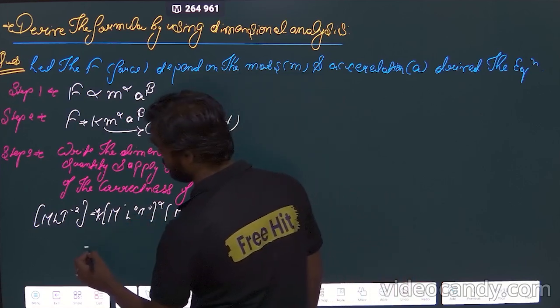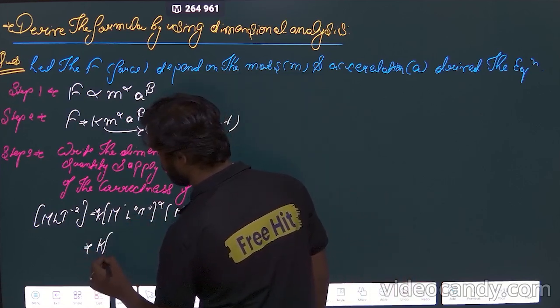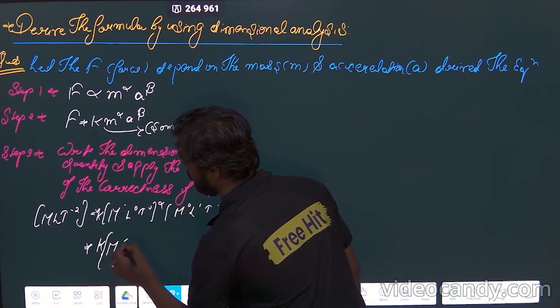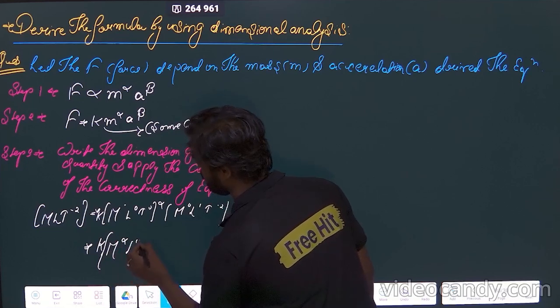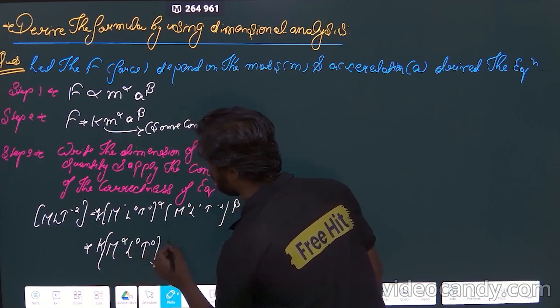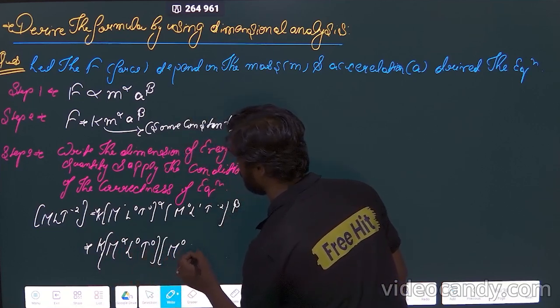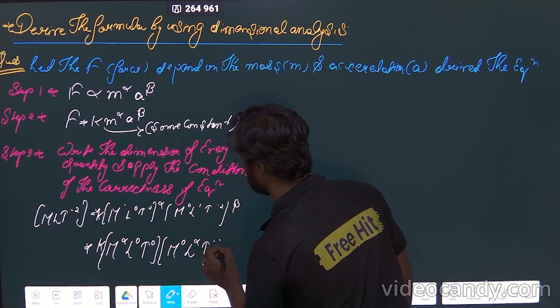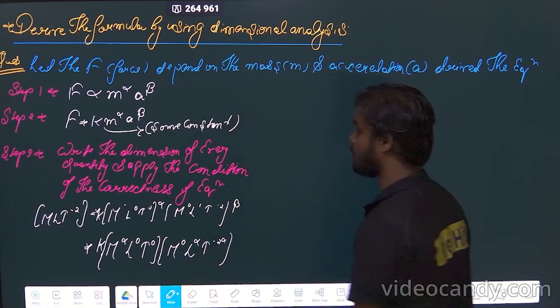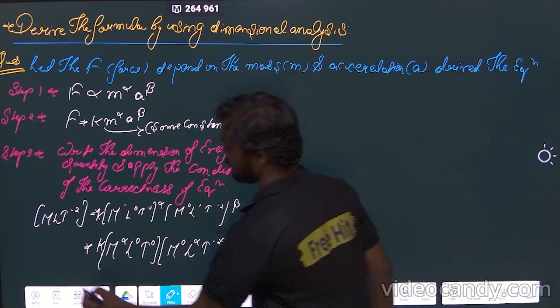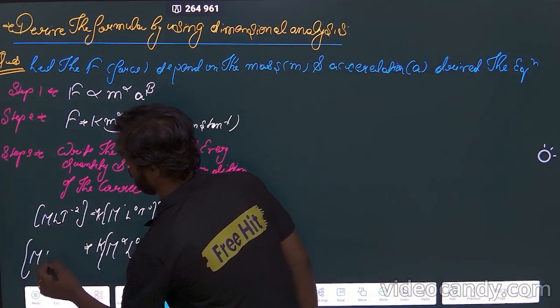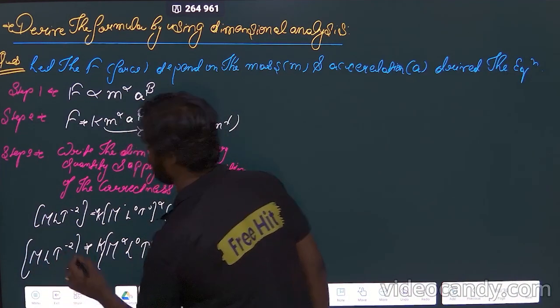Now what will it become? This will become k into M to the power alpha, L to the power 0, T to the power 0, then M to the power 0, L to the power beta, T to the power minus 2 beta. Okay, and this is equal to M L T to the power minus 2.